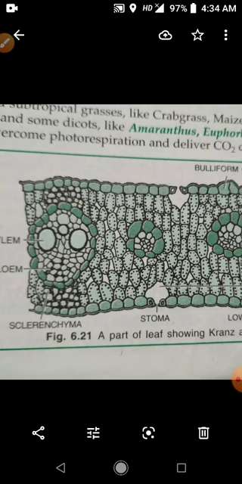But in the C4 plant, which is showing the Kranz anatomy, the mesophyll cells are clustered around the bundle sheath cells in a ring-like fashion. The number of chloroplasts in the bundle sheath cell is more than in the mesophyll cell.